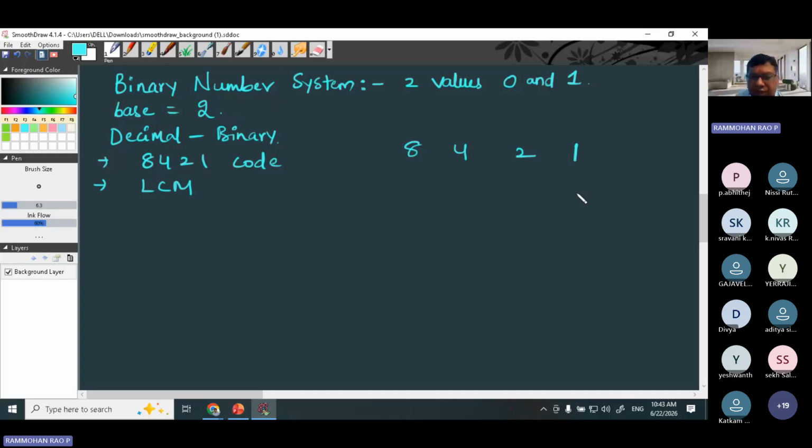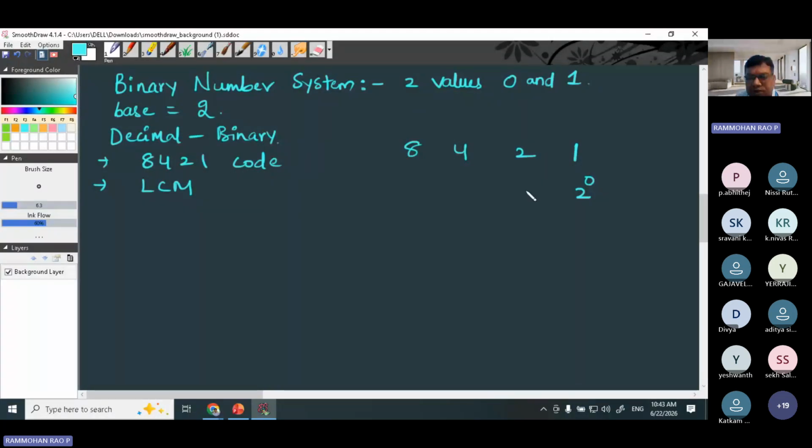Similarly here, instead of ones, tens, hundreds, 10 power 0, 10 power 1, that is the face value of every digit in the decimal number system. Whereas in binary, it is 2 power 0. What is the value of 2 power 0? Anything power 0 is 1. So 2 power 0 is 1.